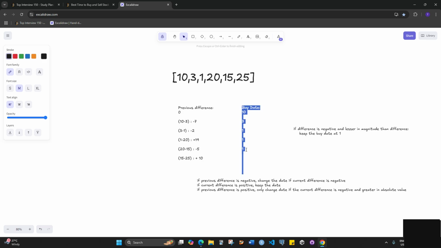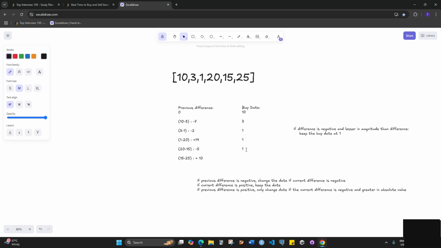Keep the day, I guess. So if it's plus 10 on the 15th day and it's plus 10, it's going to be... no, but then, I guess maybe you should keep track of the greatest gain.